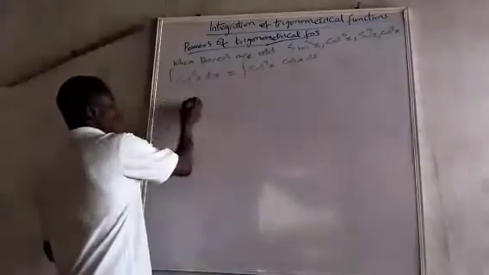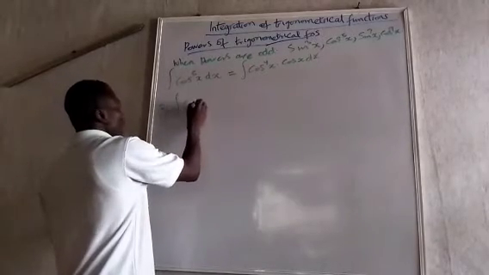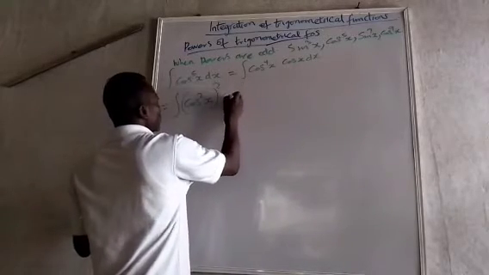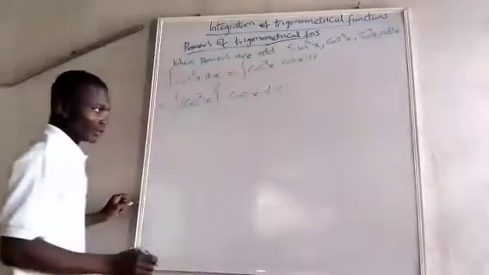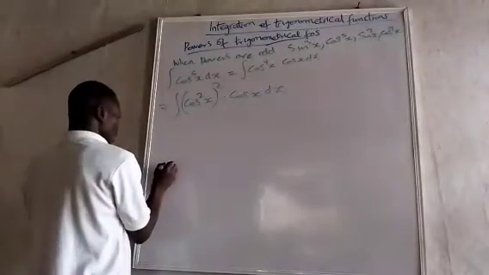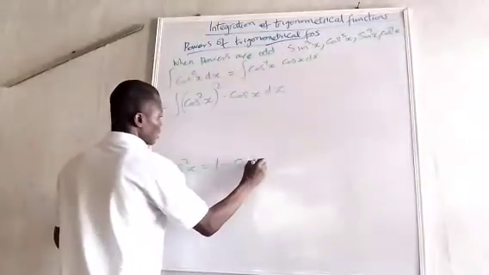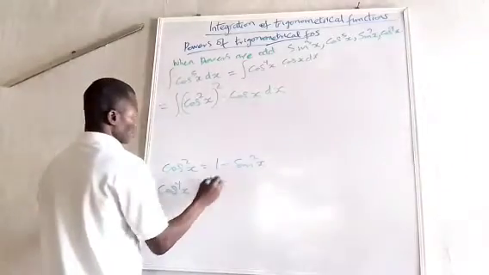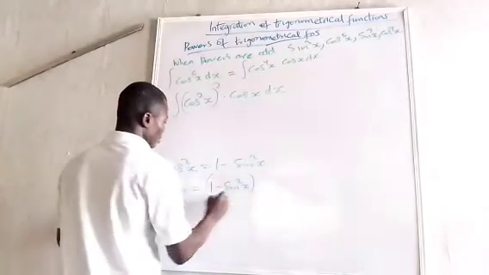So let's continue. So this one is going to give us cos square x square dot cos x dx. Now let me work on this. You know that cos square x is equal to 1 minus sine square x. So cos raised to power 4x will be equal to 1 minus sine square x all square.